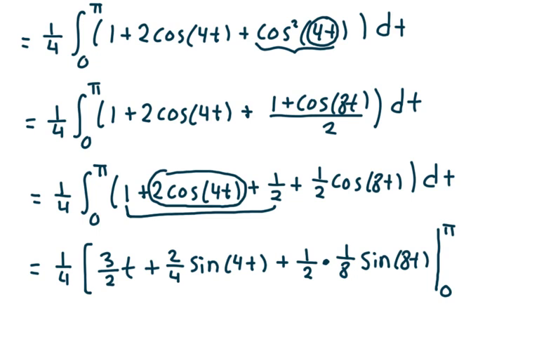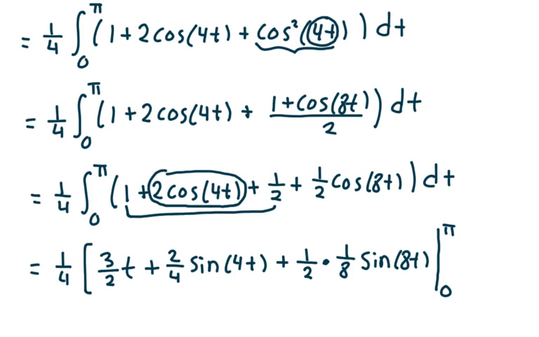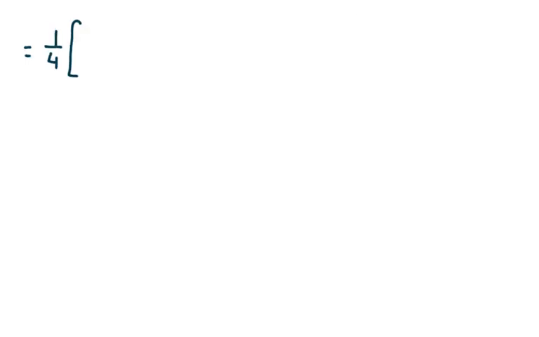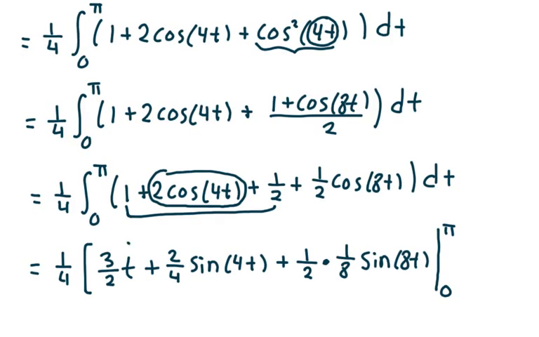From here, I'm going to get 1/4 the quantity. If I plug in pi, I get 3 pi over 2. And I'm plugging in pi for t right here. Now, sine of 4 pi is 0. Sine of 8 pi is 0. So we're done.